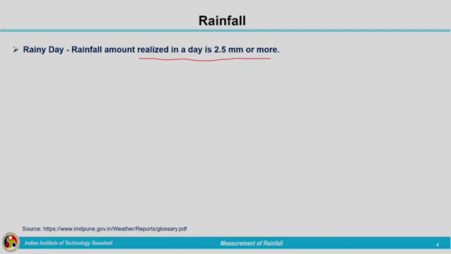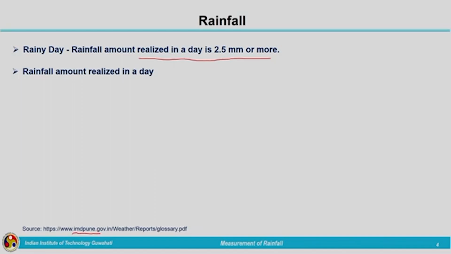In a particular day, if we are getting a rainfall of 2.5 millimeters or above, we will consider it a rainy day. This is based on IMD reports, and rainfall amount is realized in a day.